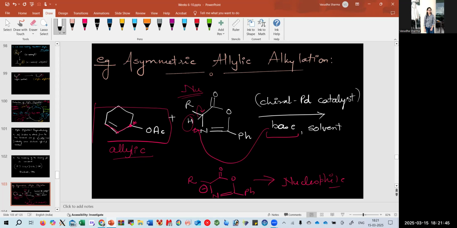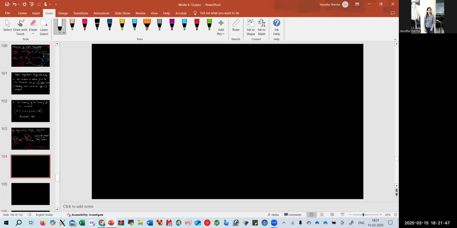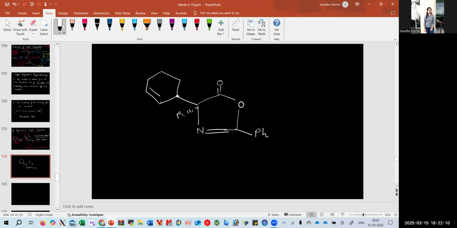will participate. And what we expect to have, the final product that we will be having, would be: at this position, you will make a bond with the nucleophile, double bonded O, nitrogen, double bonded phenyl group, and here it would be proton.